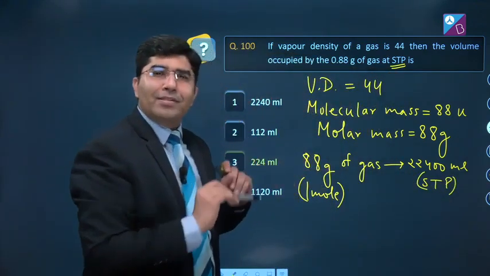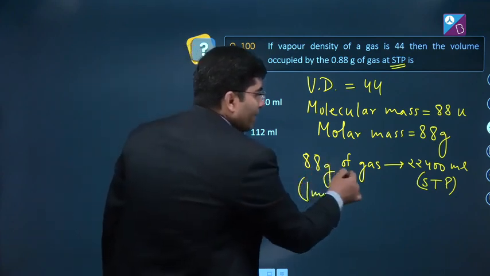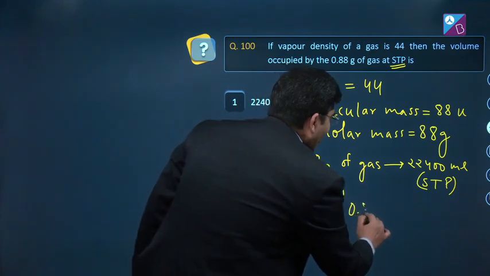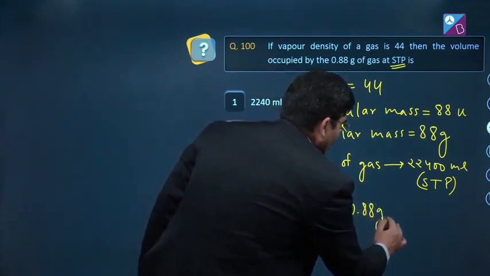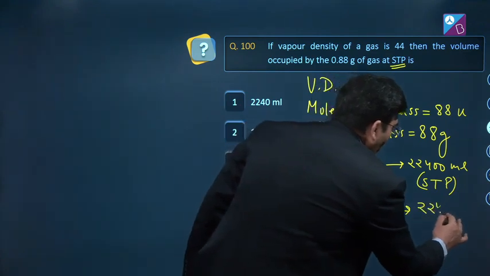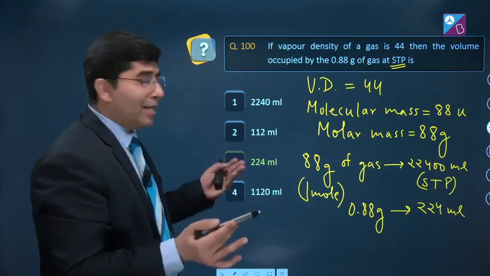Any problem in this? No. So 88 gram occupies 22400 ml. What about 0.88 grams? This will occupy 224 ml, right? And where is the answer?